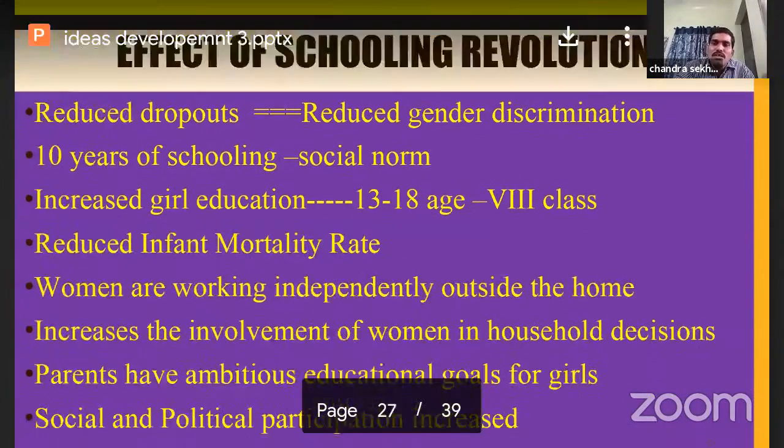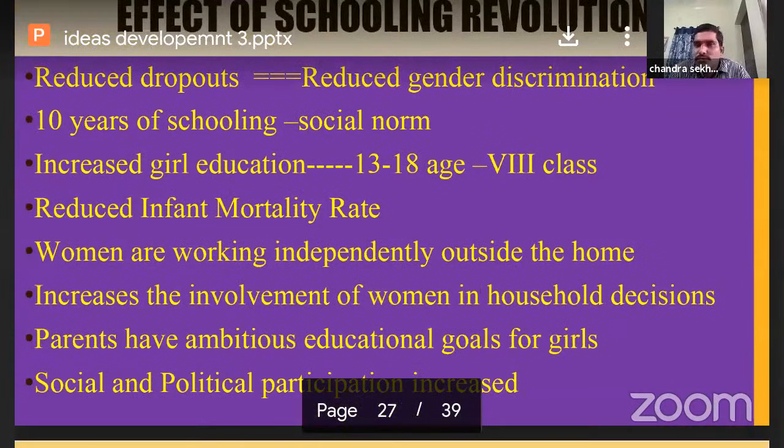So what are the results of the schooling revolution implemented in Himachal Pradesh? The dropout rate reduced because of the schooling revolution, and it reduced gender discrimination between boys and girls, and getting 10 years of schooling became the social norm.